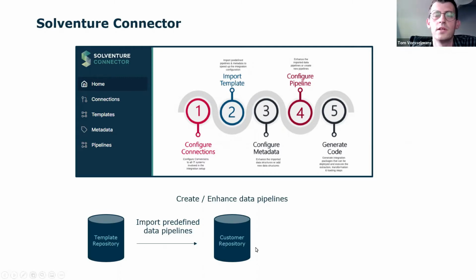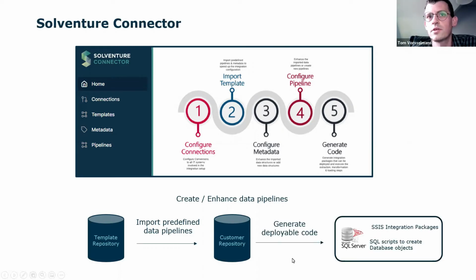So that's what we did with our product, and we took it one step further, and we said, okay, based on that metadata we have now, we can generate deployable code. There we made the decision to go for the Microsoft SQL Server ecosystem, because Archiva behind the scenes also has SQL Server as backbone.